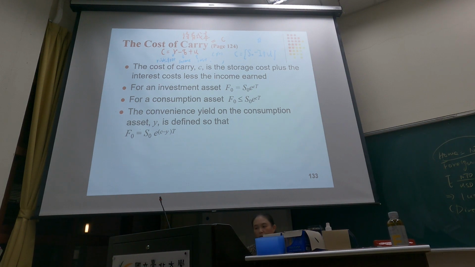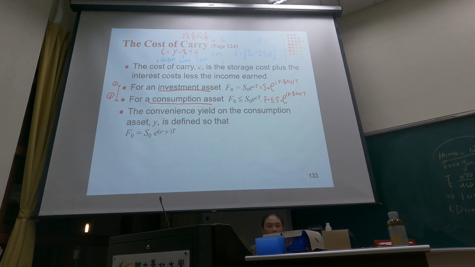For the investment asset, you can summarize your income and cost: it will be S0 e to the power of CT, so S0 e to the power of (R − q + u)T. And F0 lower or equal to S0 e^((R − q + u)T) for the consumption asset, because consumption is lower or equal.